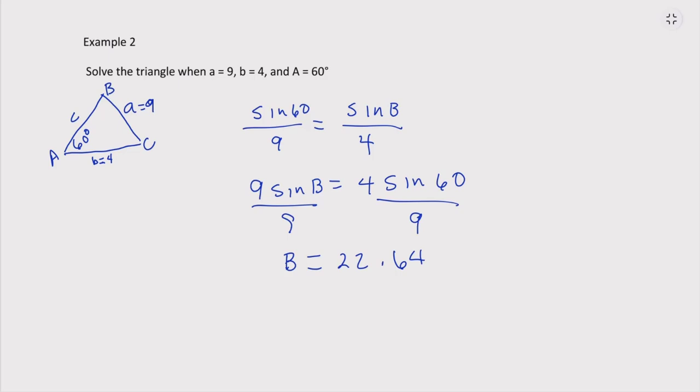Now if I do 180 minus 22.64 minus 60, I get 97.36, I believe.